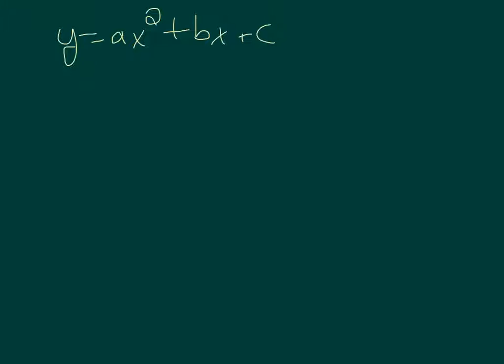So this 2 right here lets you know that you're dealing with a quadratic equation. Now since we know what the actual equation looks like, let's give it some values. Let's say y is equal to x squared minus 7x plus 10.